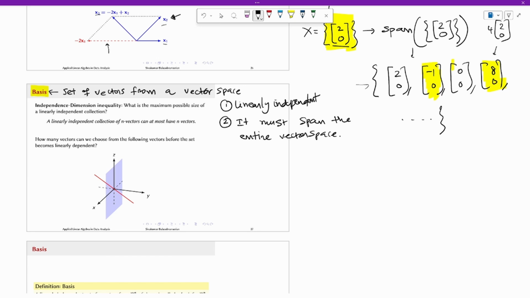And any set that satisfies these two properties is called a basis. Okay? A basis essentially means you can use that to generate any element in the vector space that you want. Okay? For example, we're talking about the real line. Okay? Let's say I have a set.